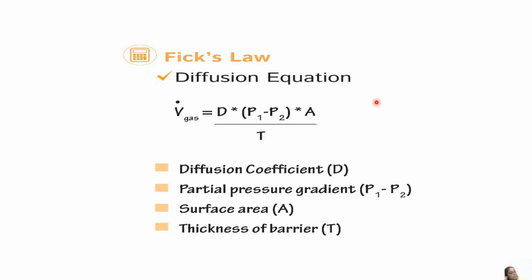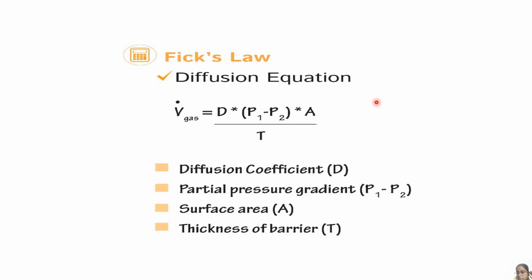So what is Fick's law basically? Fick's law of diffusion is a model that describes how particles flow due to diffusion. It's used in many fields including biology, medicine and chemistry, and the law states that the rate of diffusion is proportional to the surface area and the concentration gradient, like the difference.